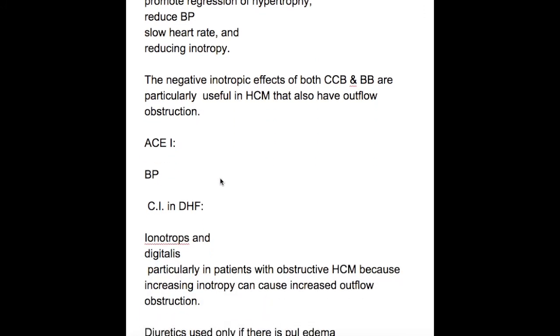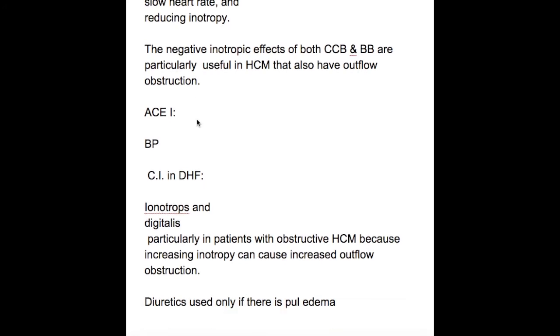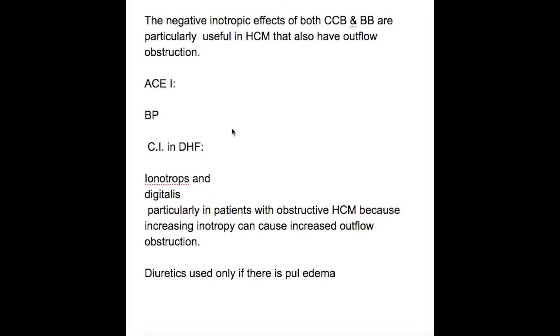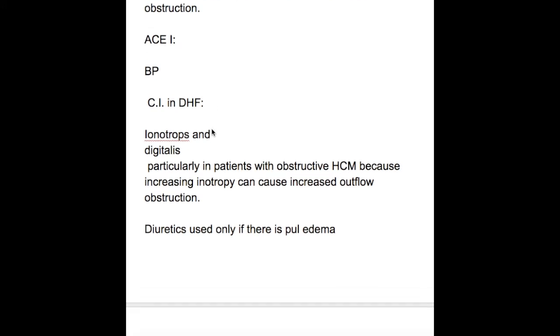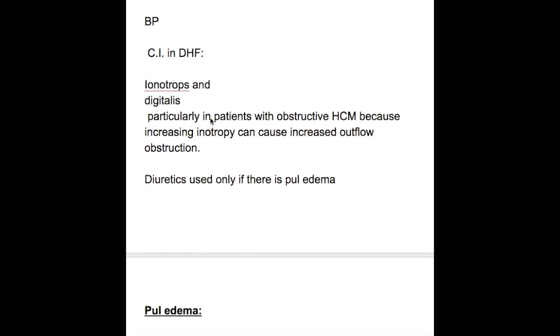When do you use ACE inhibitors in diastolic heart failure? If there is hypertension as well, they are used in diastolic heart failure. What drugs are contraindicated in diastolic heart failure? The inotropes, dobutamine and dopamine, and also digitalis, because all of them increase the force of contraction.